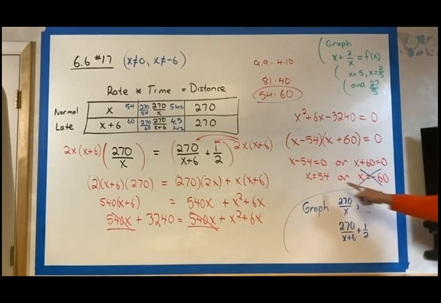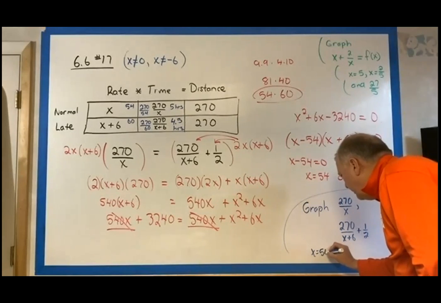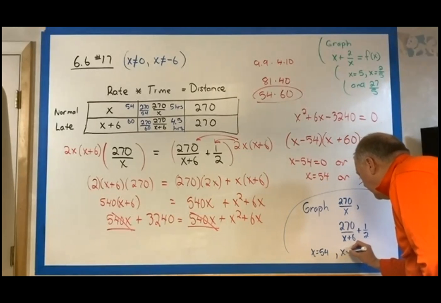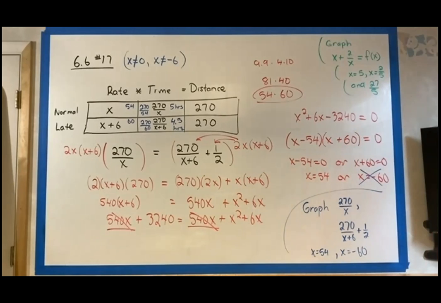And what does that have to do with 54 and minus 60? So I'm going to give you a reason for graphing. I want to show you that graphing is another way of looking at the problem.